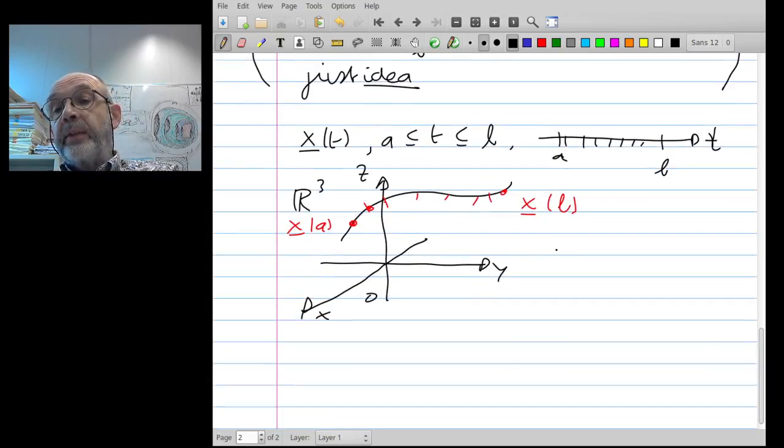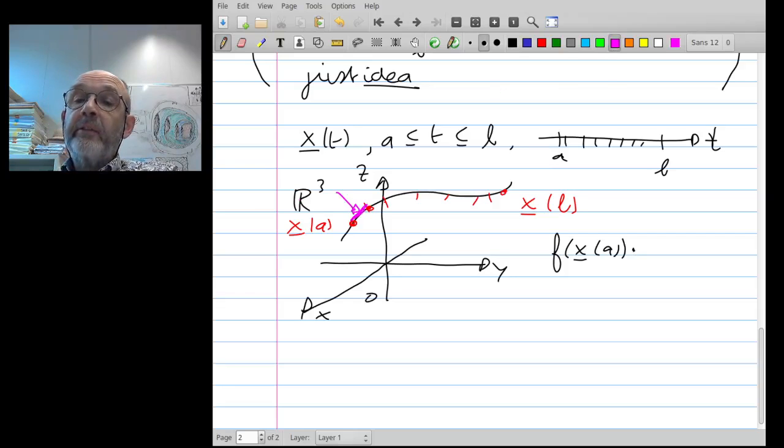You just take the function in x(a), and then you multiply by that little distance, that little part here, that distance, let's call it delta s.